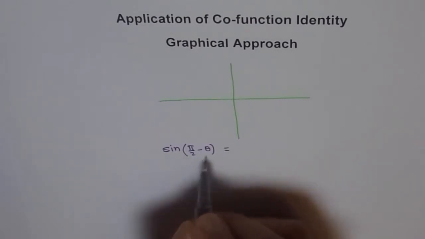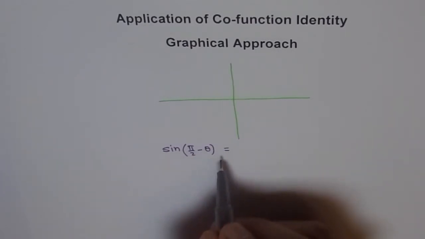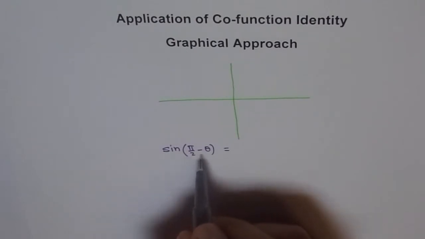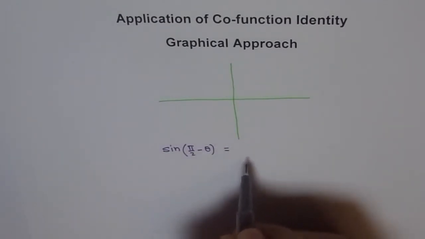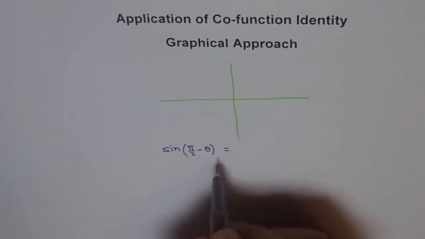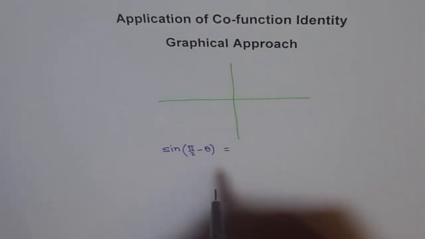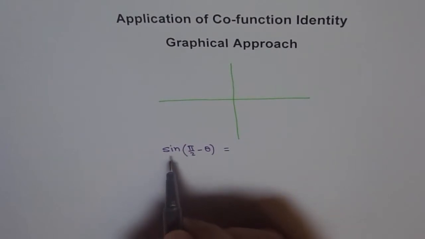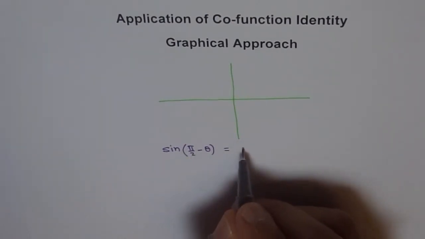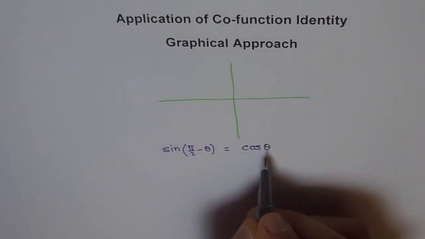We get the cofunction, right? Because in the right angle triangle the angles are complementary. All this explanation you can find in the cofunction identity video, but basically it means sine of pi by 2 minus theta, or sine of 90 minus theta, is cos theta.